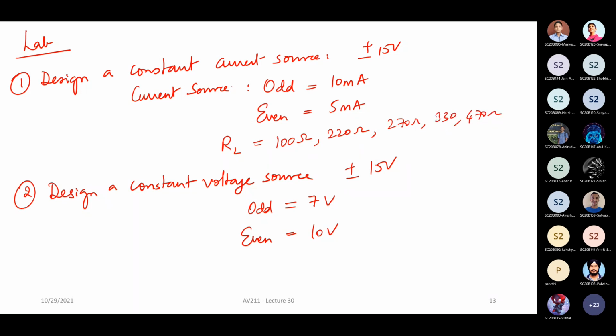Okay, so maybe they can test for these things. For 470 into 10 milliamp will be some 4.7 volt, right? I think something in the 600 ohm range is there. 680 ohm. Okay.